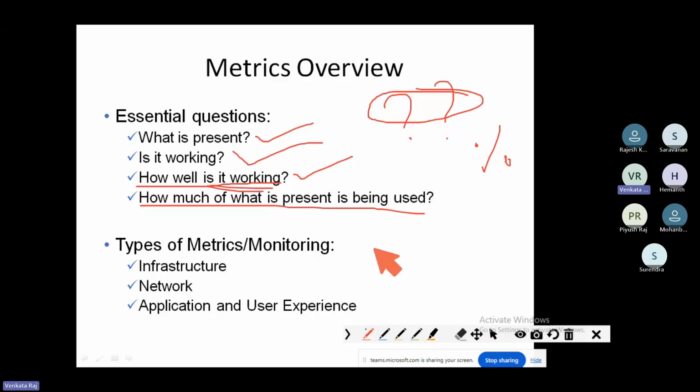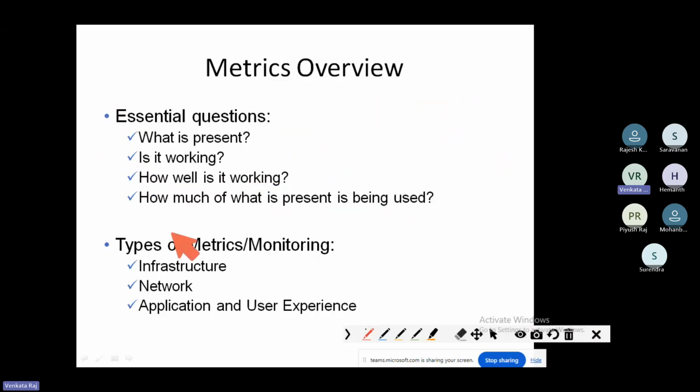Now, out of that, I need to also know what the utilization is, right? Who knows? 16-core also might not be sufficient. Yes or no, guys? So every time I have to know how much is present, and out of that, what percentage is being used. So when we are doing the monitoring, we should always be aware of the answers to these questions, everyone.